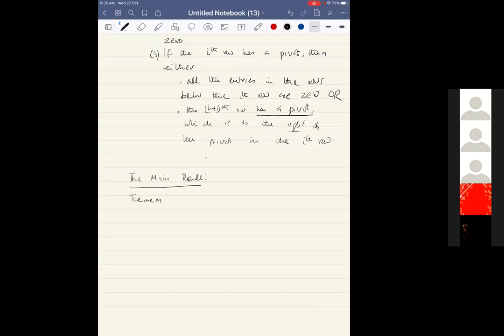Theorem. Any m cross n matrix A can be brought into row echelon form by a sequence of elementary row operations.